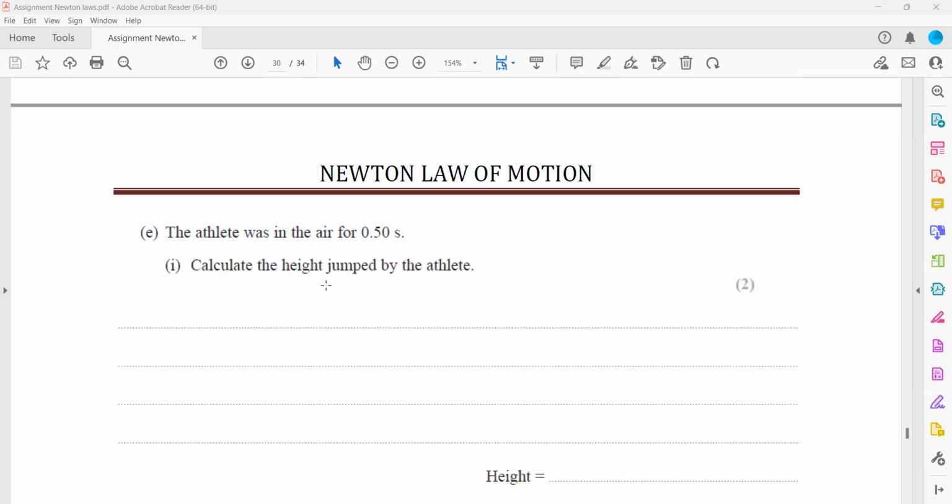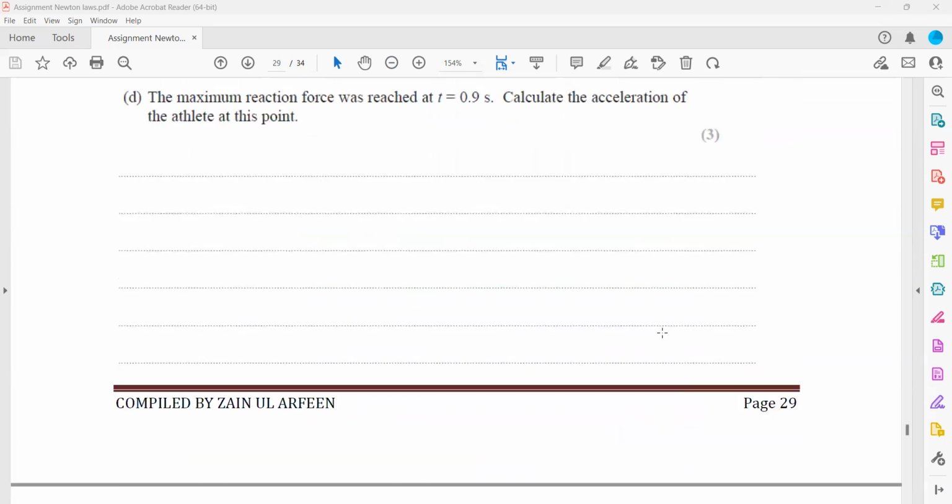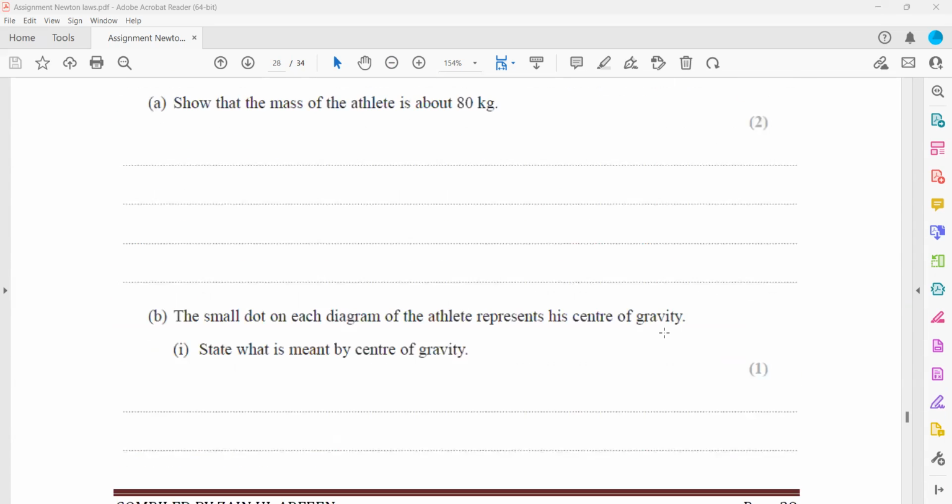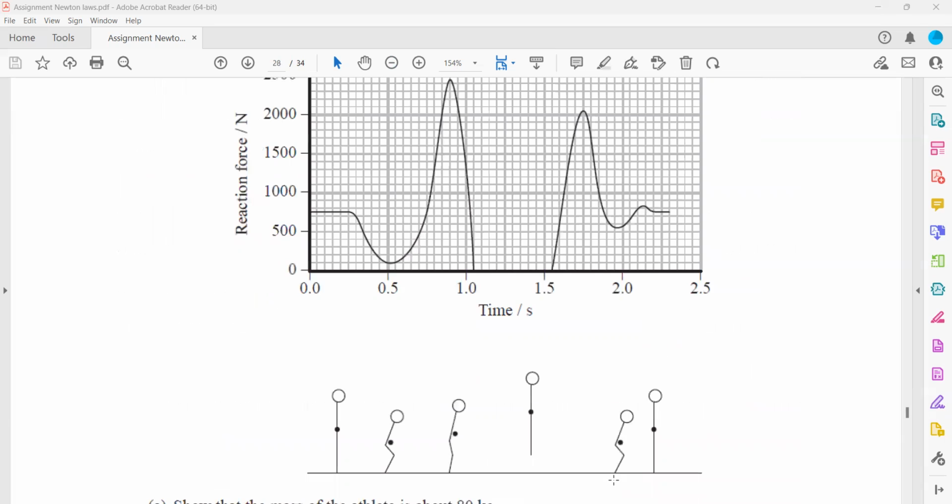The athlete was in the air for 0.5 seconds. Calculate the height jumped by the athlete. So we want to calculate how high he will change position, or his center of mass. If an object is moving under the influence of gravity, it will have an acceleration, and that acceleration is due to gravity.